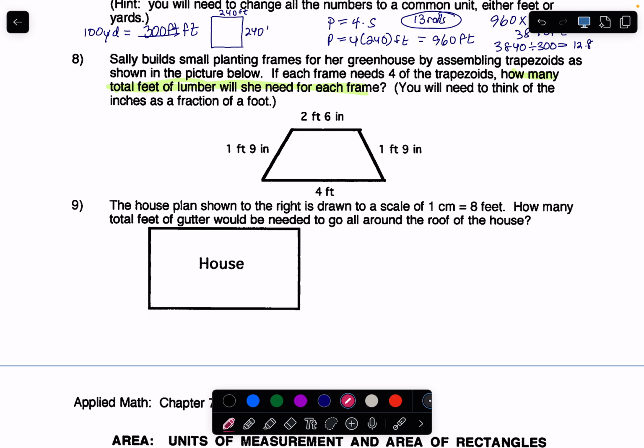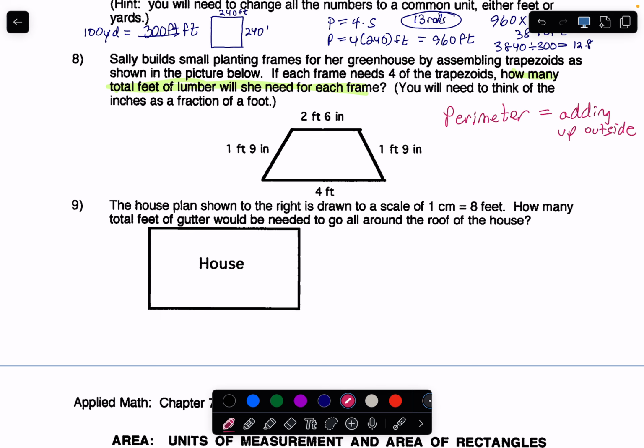This is perimeter, okay? So let's find the perimeter of one of them. Perimeter is just adding up the outside measurements. If it's not a regular shape, like this one's a little funky, you just add up each piece. But we have to do a little conversion.